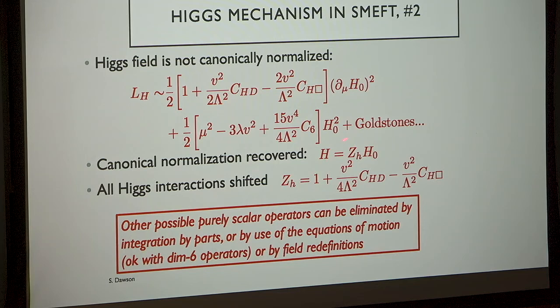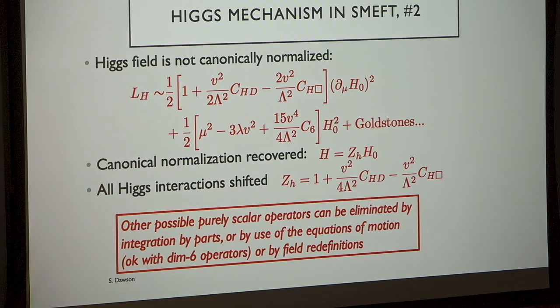So the physical Higgs field is shifted by these factors here. So when I go on and show you some results for things like Higgs to b bbar, you'll see that you always have this factor of C_HD over 4 minus C_H box, because it just comes in from this normalization of the kinetic energy. Okay, so I just put it here.